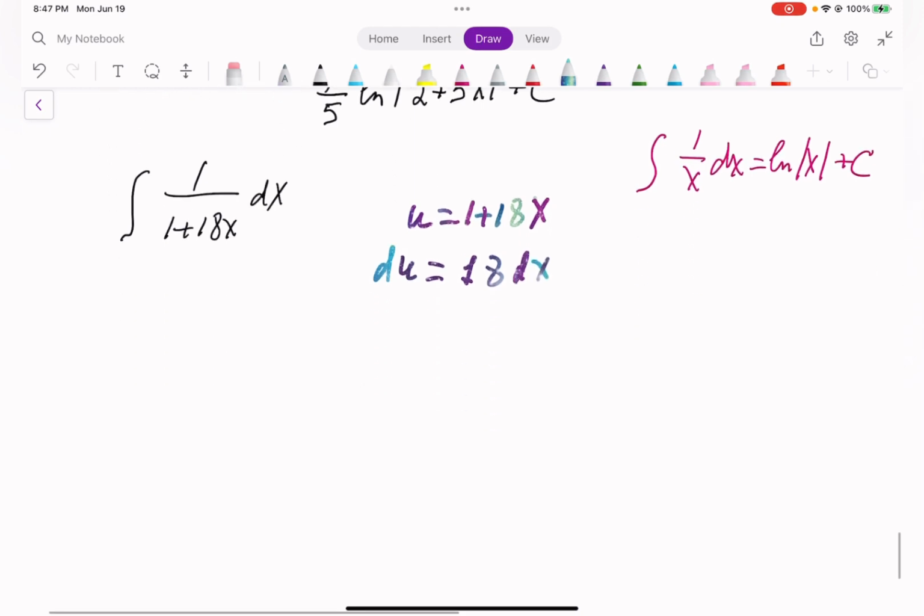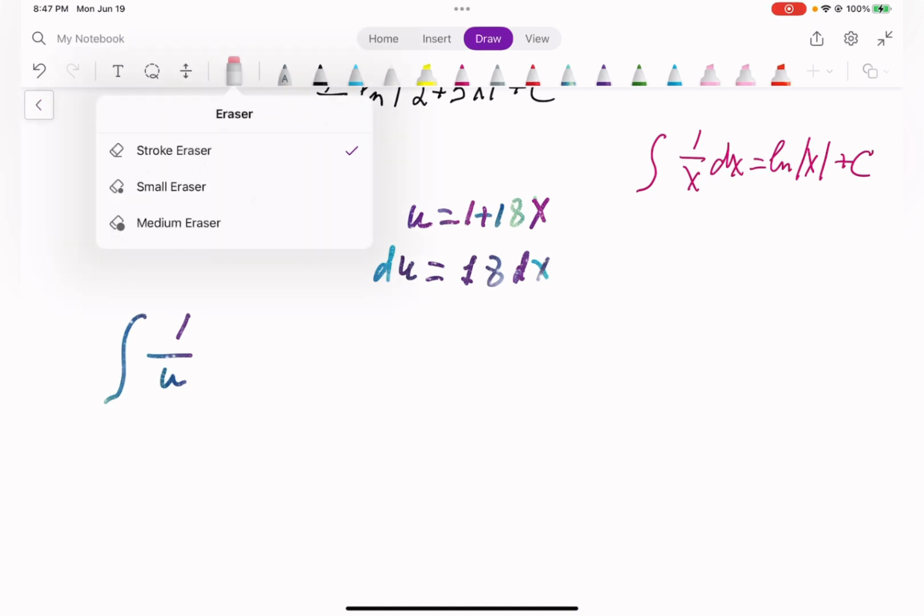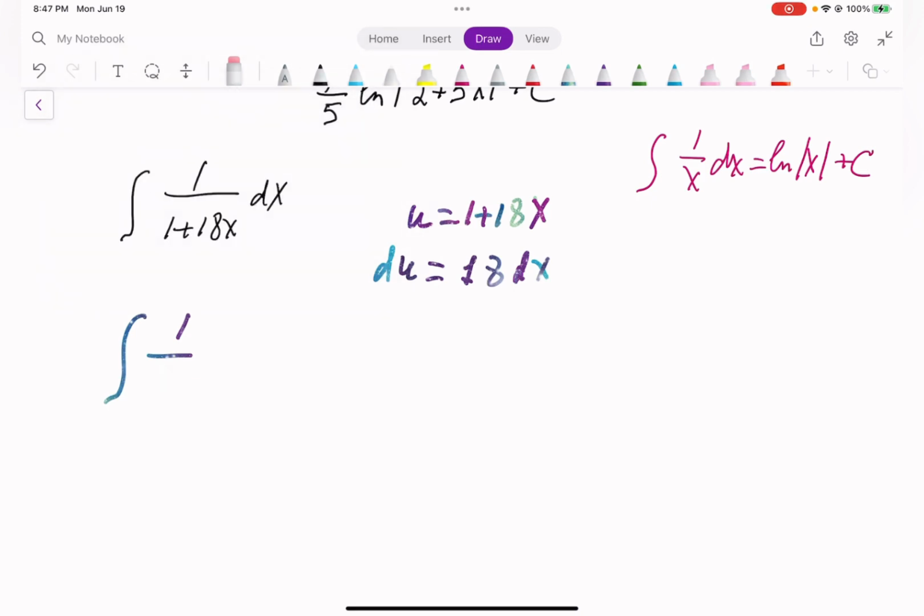So we get integral 1 over u, and then here is going to be 18. I need to get 18 dx, right? Actually, I don't want to right away use u. Let me arrange everything and then we'll go there. 1 plus 18x, okay.